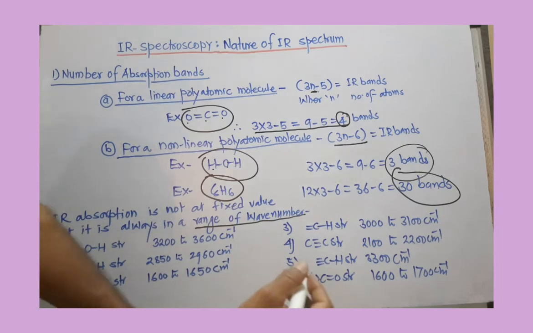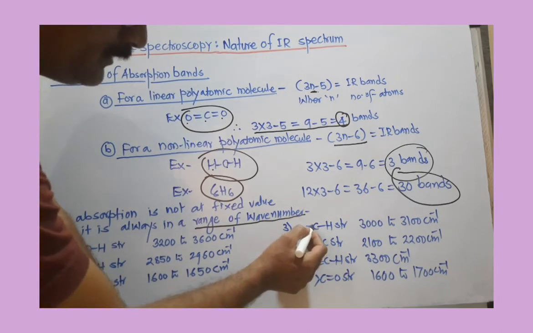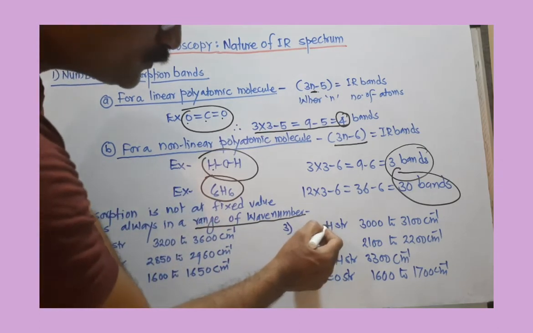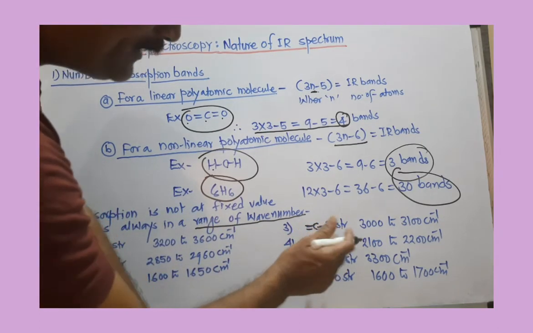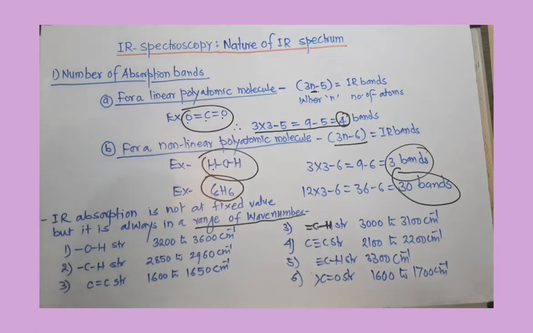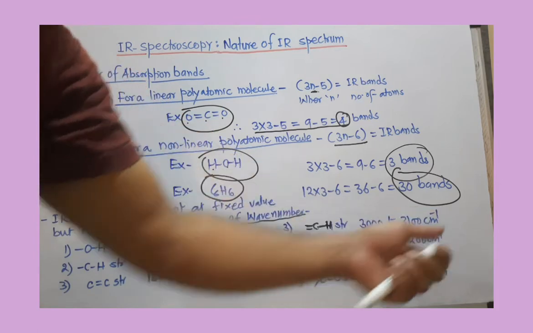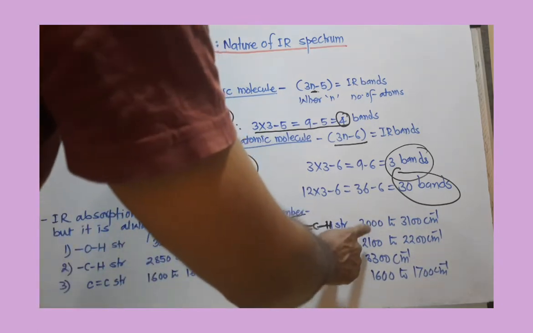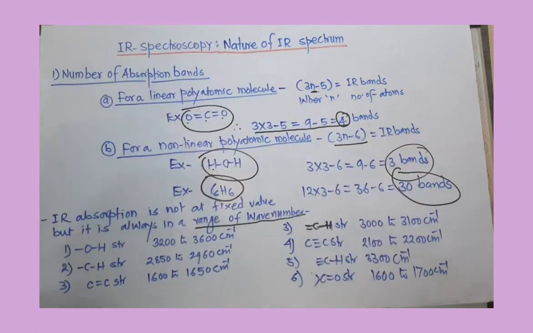Now I have taken one more very interesting example. If there is a double bond on the carbon, observe the band for CH stretching where the carbon has a double bond. That ranges from 3000 to 3100 centimeter inverse.